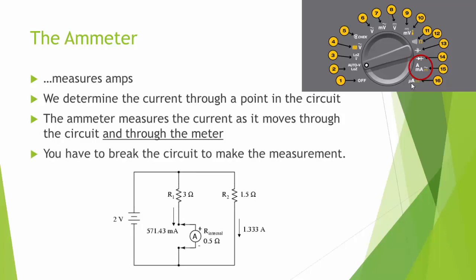So if we want to measure the current through resistor 1, we first have to break the circuit and then insert the ammeter. So that current that goes through R1 also has to go through the ammeter. The ammeter is designed to allow current to flow through without resisting it. Therefore, that current is what we would expect without the ammeter as well.